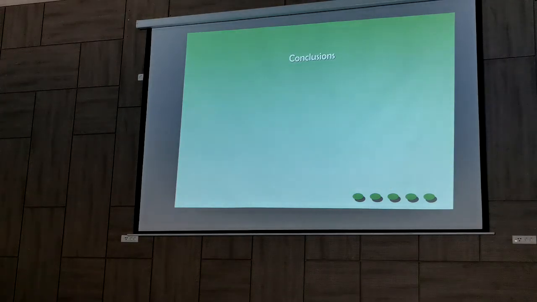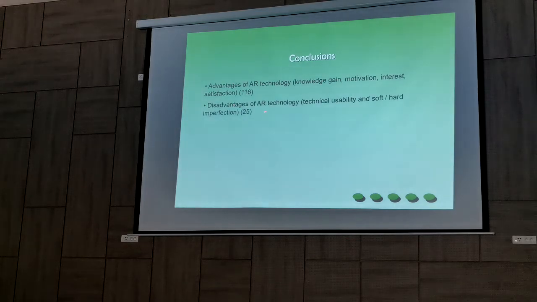Okay, and conclusions. We have seen advantages of AR technology: knowledge gain, motivation, interest, satisfaction. We have mapped 160 of them in physics. Disadvantages, we have mapped 25 of them: technical usability and software and hardware imperfection.